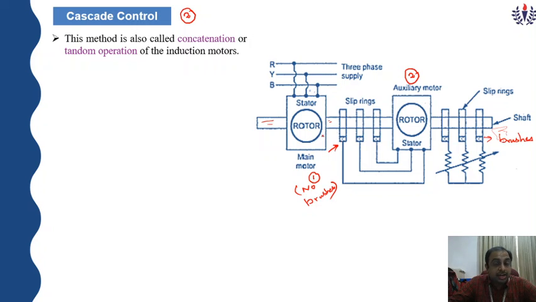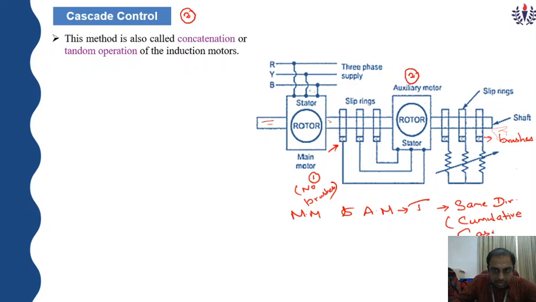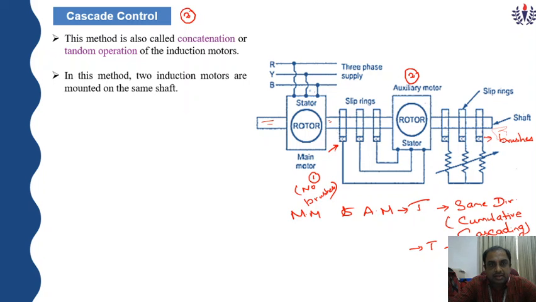One motor produces torque, the other motor produces torque, and if both torques act in the same direction, it is cumulative cascading. If the torques produced are in opposite directions, it is called differential cascading.